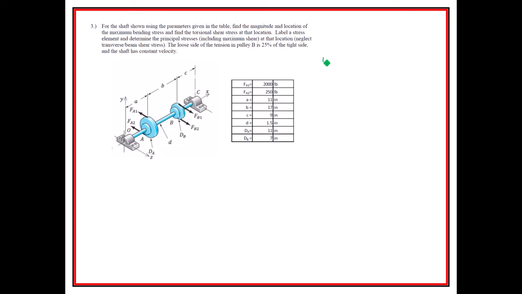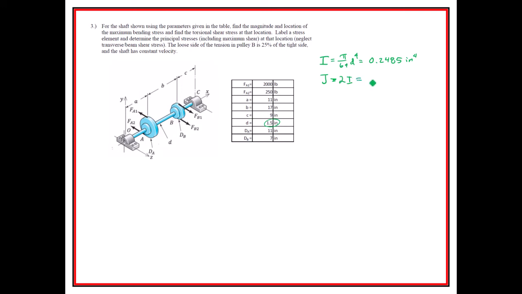So I say that I is equal to pi over 64 d to the fourth, and the diameter that we use is 1.5, which is pretty darn large. That ends up with 0.2485 inches to the fourth.